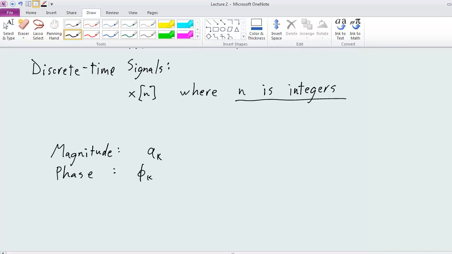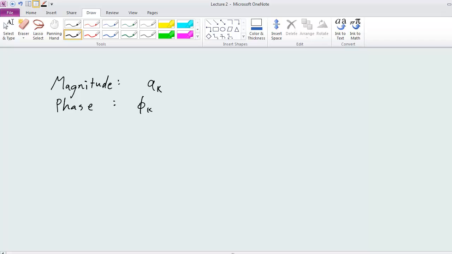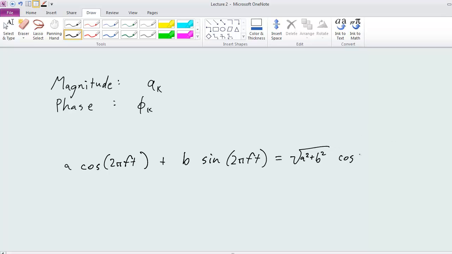Okay. Another way to look at this is that, notice that if you add a cosine and a sine of the same frequency, that's the same as a single cosine that has this coefficient and has the phase that's the arctan of the two.